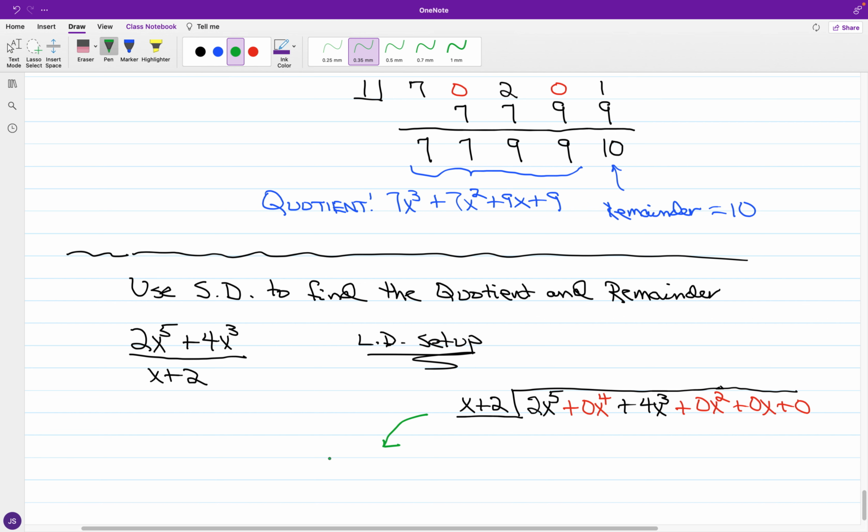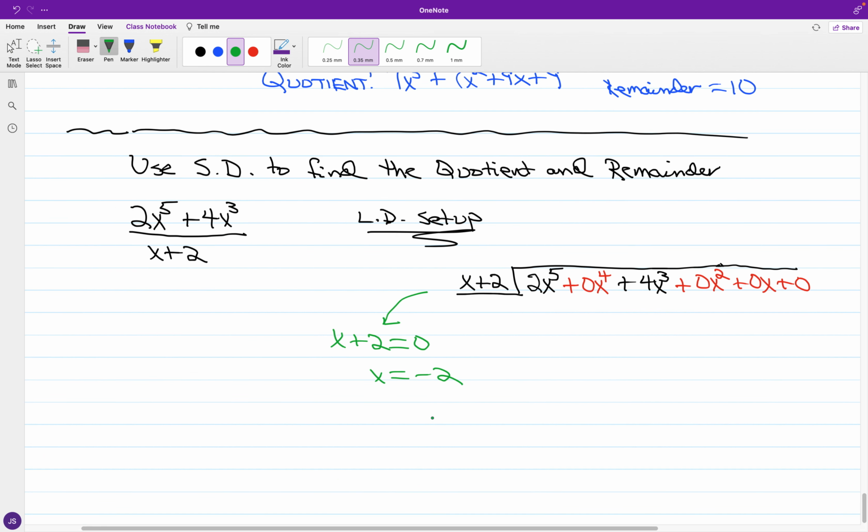Now, setting things up along the lines of synthetic division. Again, if you have x plus 2 is equal to 0, we have that x is equal to negative 2. And we'll have by synthetic division, okay, so I have negative 2 isolated.